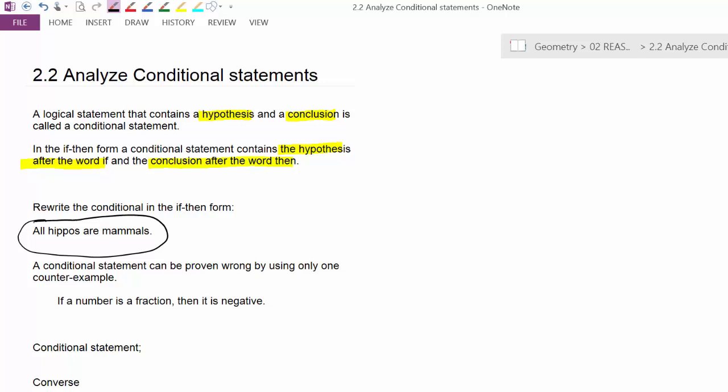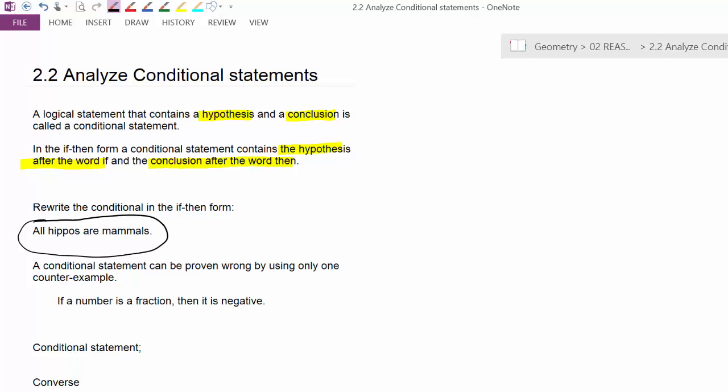So let's think about what the hypothesis is. It helps me to think of what happens first, time-wise. So before a hippo can be a mammal, it has to be a hippo. And a hippo is an animal.